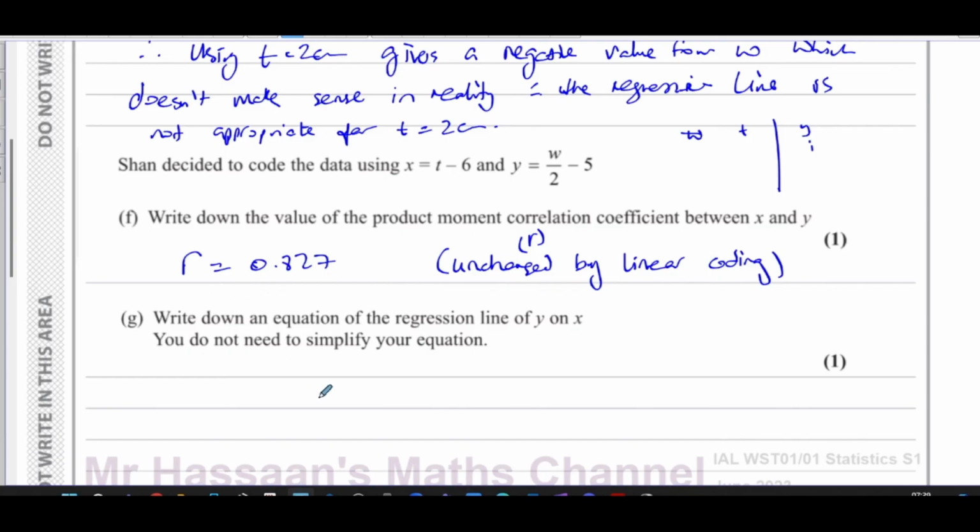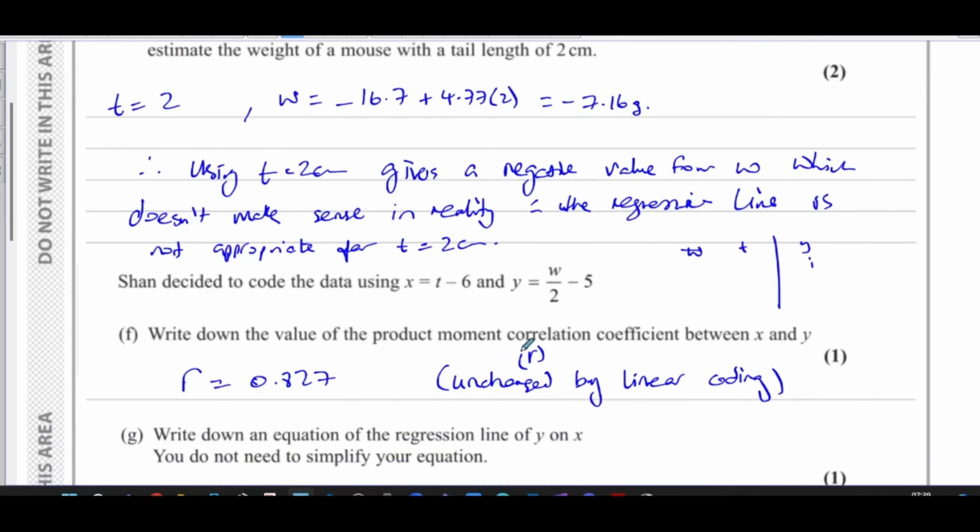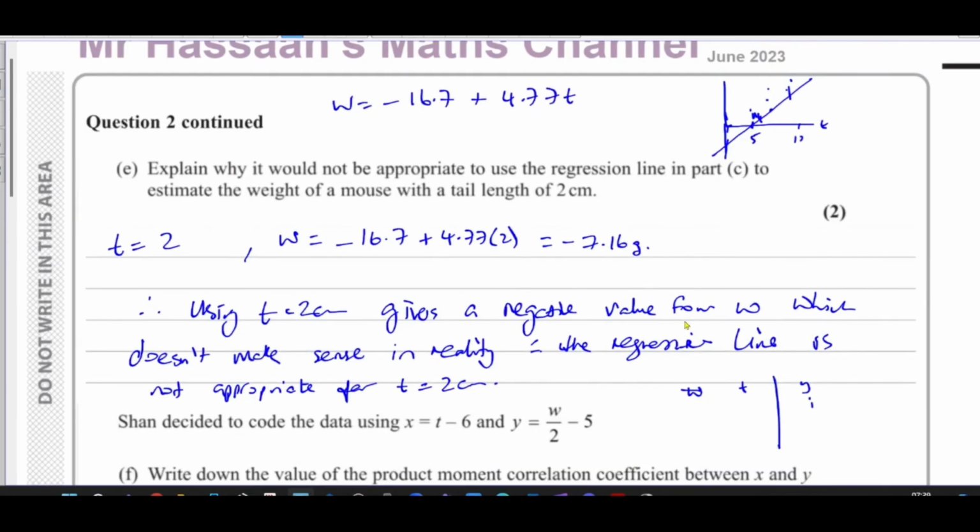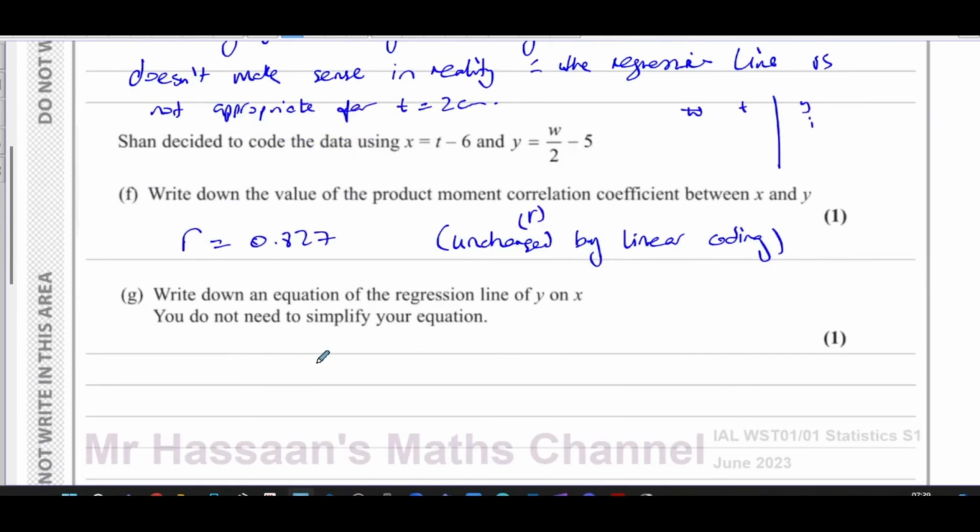Then it says write down an equation of the regression line of y on x. You do not need to simplify the equation. So basically, we take our original regression line, w equals minus 16.7 plus 4.77t.